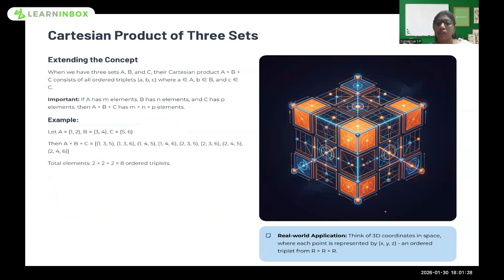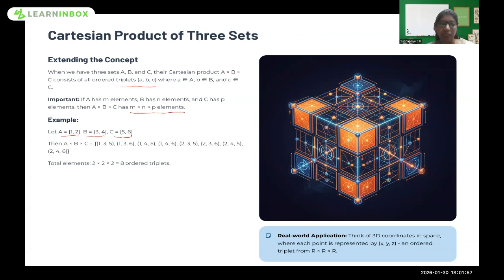Next. So far we saw the Cartesian product of two sets. What if we have triplets, that is, 3 sets A, B and C? So you will have m cross n cross p elements. Example, in A it is 1, 2, B has 3, 4, and C has 5, 6.